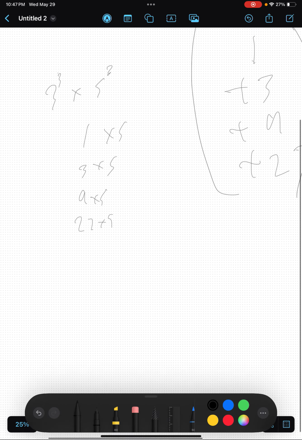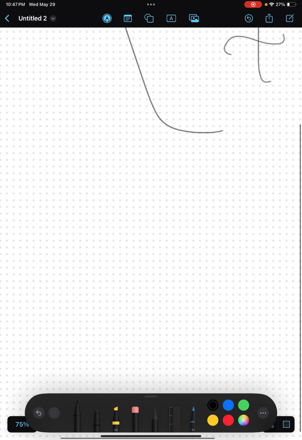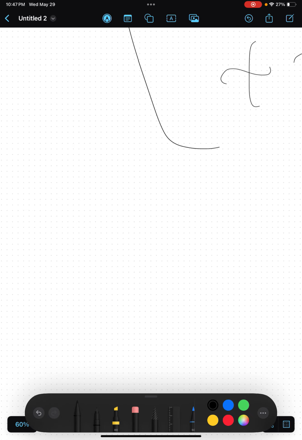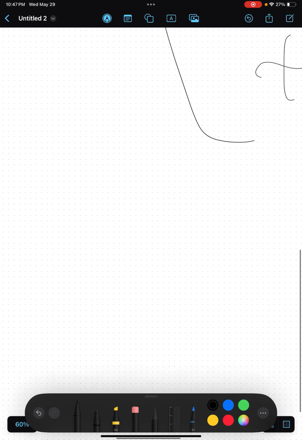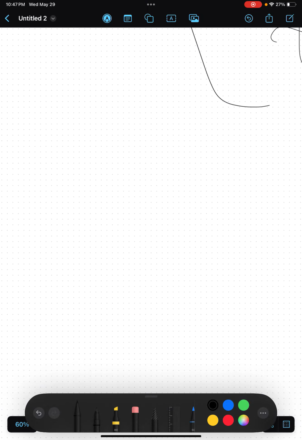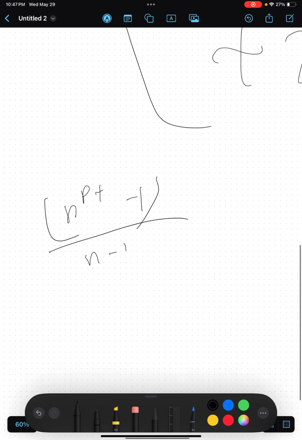Well, there's actually an equation that you could find to derive it. Firstly we find the maximum power of 3, which in this case is 3. So we take the base to the power plus 1, minus 1, over the base minus 1.